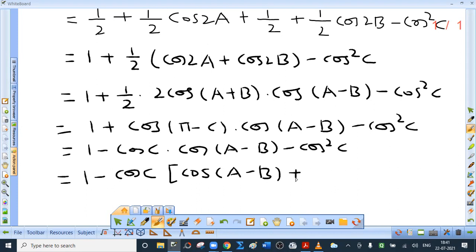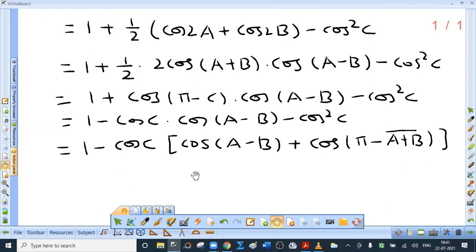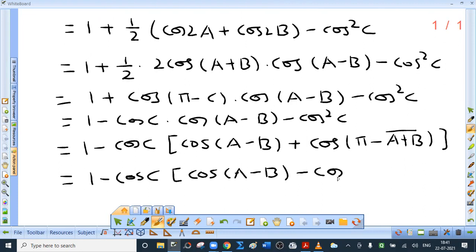Now, instead of writing cos C, just listen to me. I'm writing pi minus (A plus B). Why? Same logic. A plus B plus C is pi, so C equal to pi minus, in bracket, A plus B. So 1 minus cos C cos of A minus B. Now cos of 180 minus theta is minus cos theta.